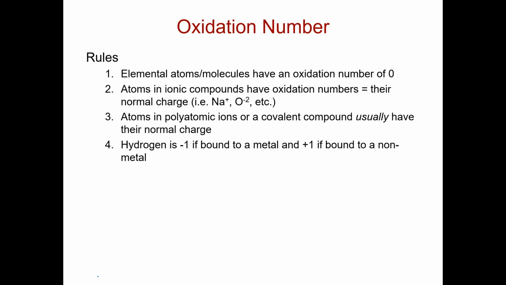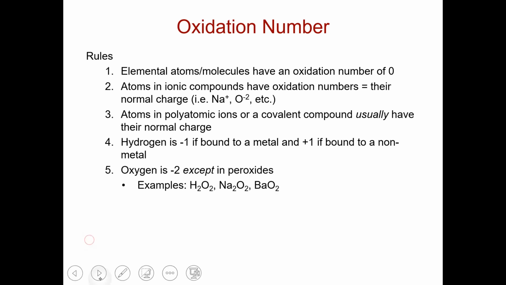But there are some times where things might not necessarily always have the same charge. So hydrogen, for example, if it's bound to a metal, will have a charge of -1, and it will have a charge of +1 if it's bound to a non-metal. Oxygen is always -2 unless it's part of a peroxide.